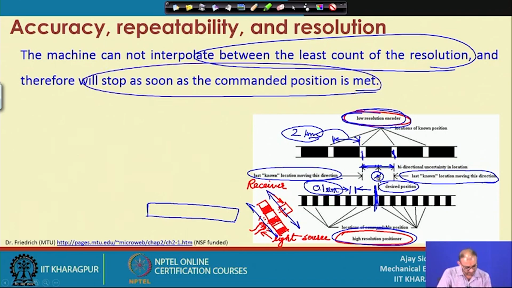So, even if you want to go to 0.5 micron, you are not reaching 0.5 micron, it will go to either this location or this location, but still your control will tell you that you are reaching that location. That is a big problem when you are working with an encoder which has a low resolution, but your positioner, that is all the motors, are capable of operating at a very high resolution.